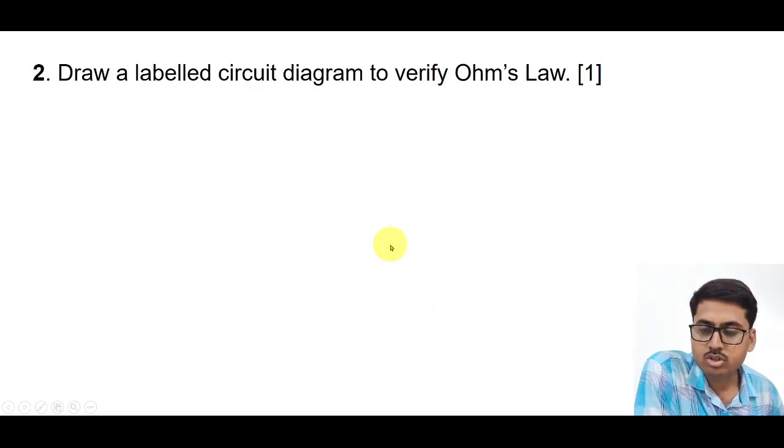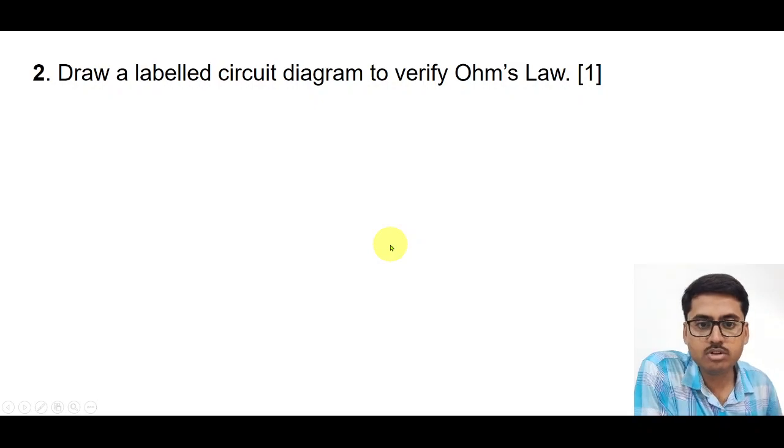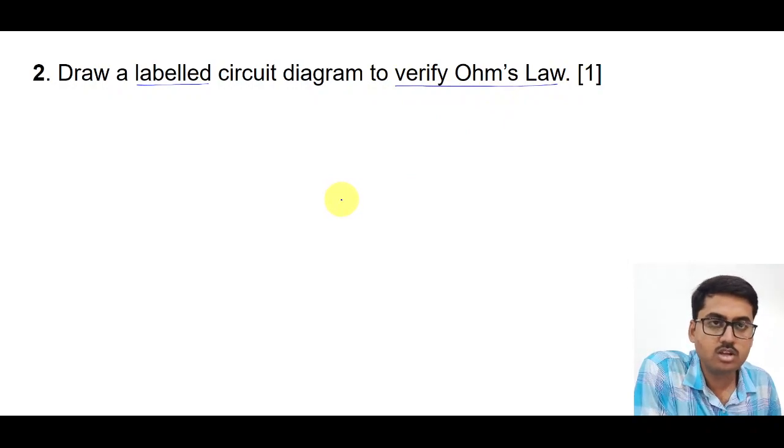Question number 2 is to draw a labeled circuit diagram. Most of the students forget the labeling actually. The question says draw a labeled circuit diagram to verify Ohm's law. If you remember during the practical, you have a fixed resistor whose value you try to find.